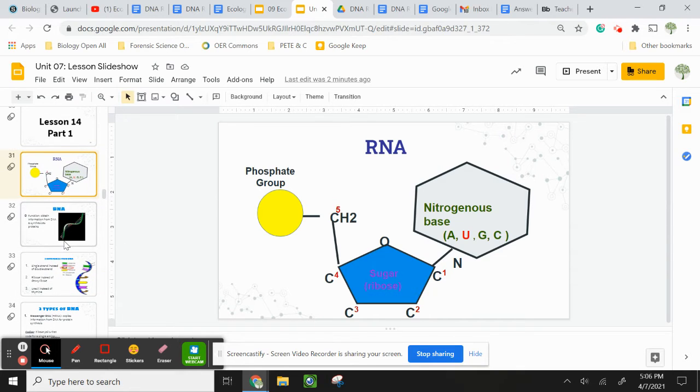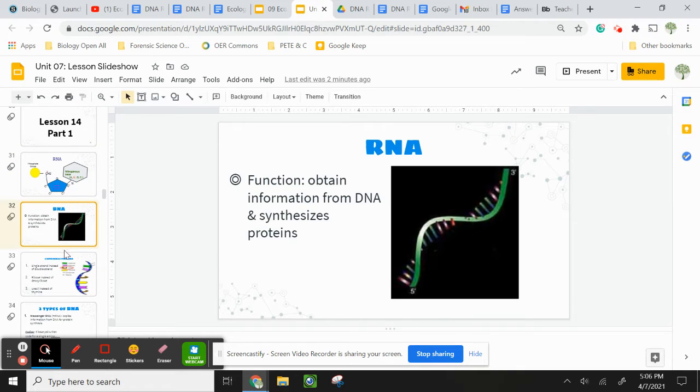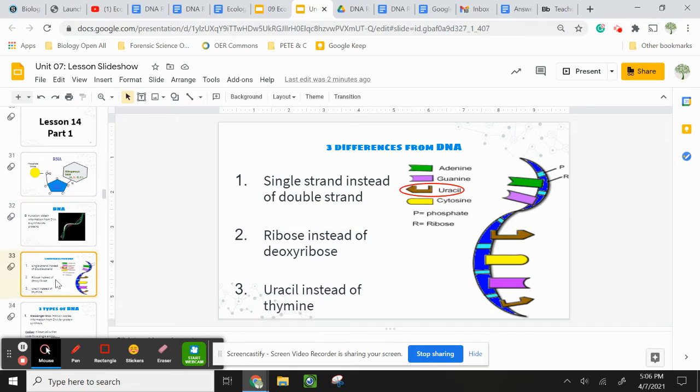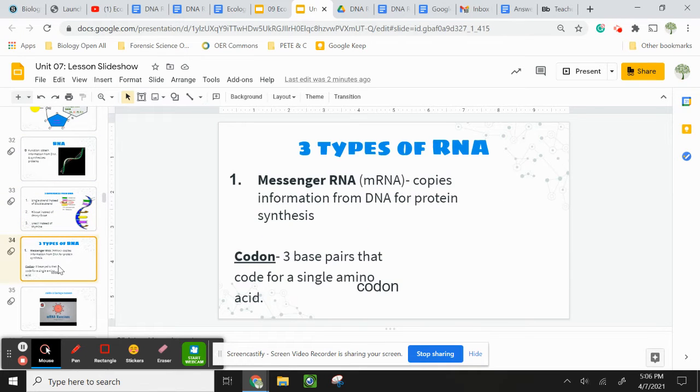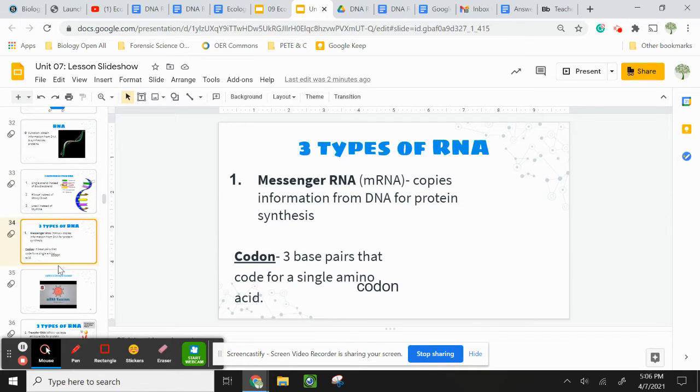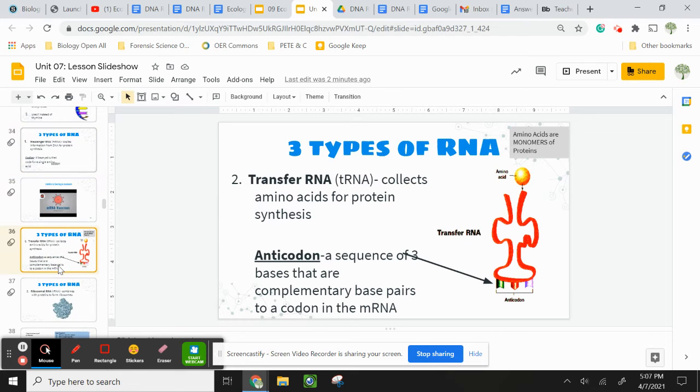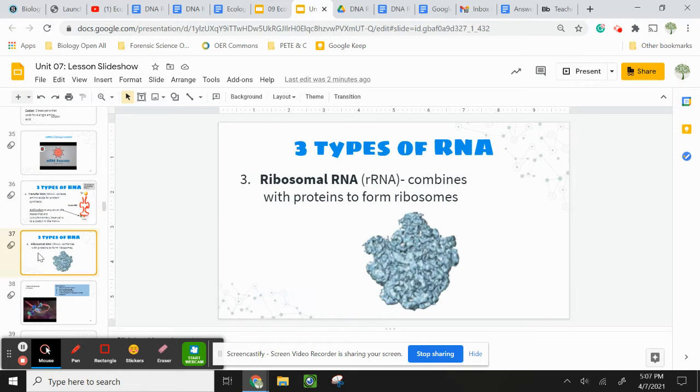RNA is also single stranded, so it can leave the nucleus and enter the cytoplasm of the cell where proteins can be assembled. We already talked about the three different types of RNA: messenger RNA, transfer RNA, and ribosomal RNA.